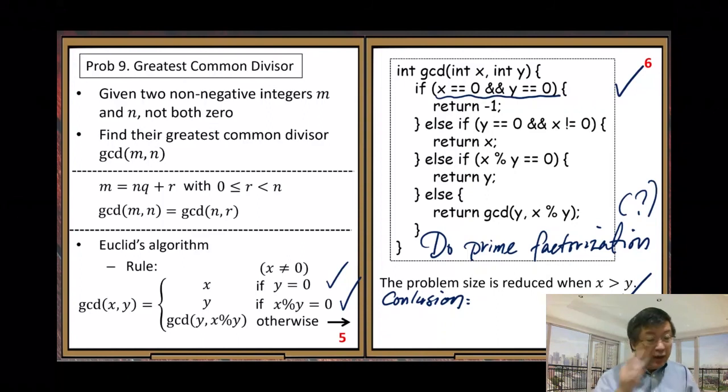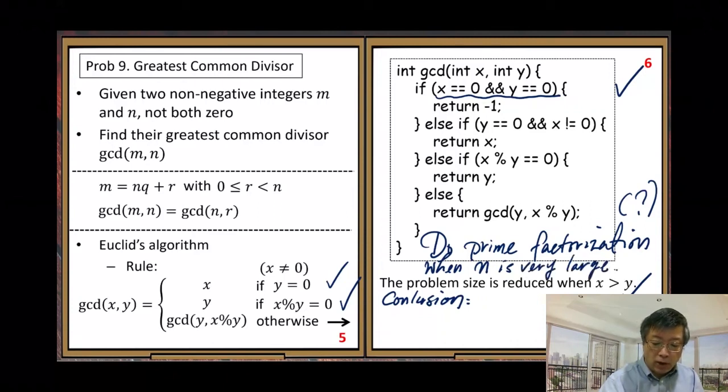How hard is it when the given integer to be factorized, n, is very large? Under this situation, how hard is prime factorization?